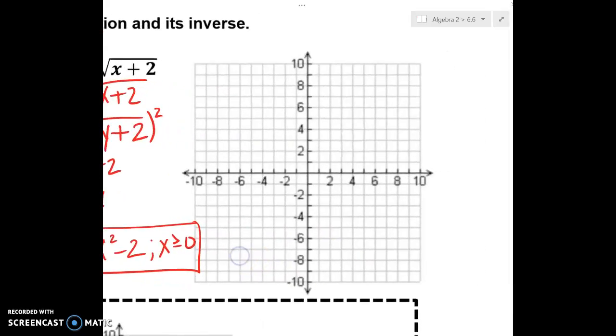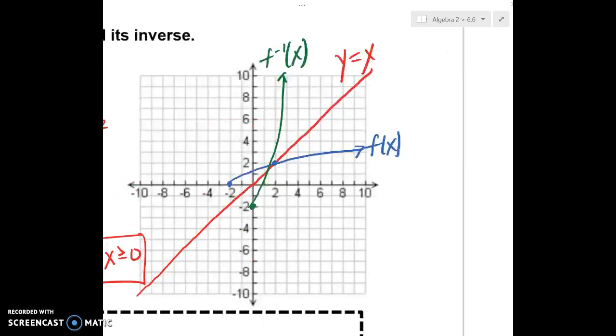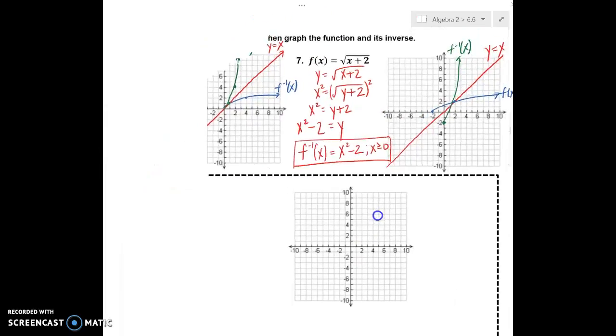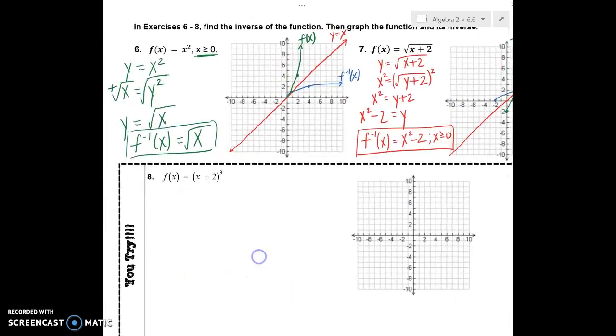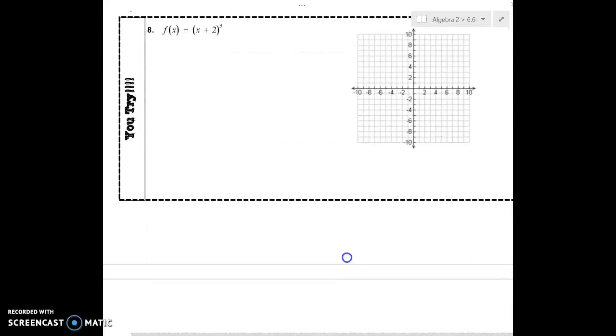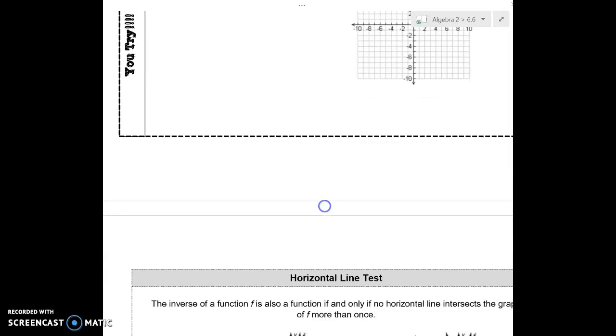Okay, so now let's go ahead and graph. And here is our function and our inverse and our line of symmetry, right? Okay, so I want you to go ahead and try number 8 on your own. So do the same thing we did above. Make sure to restrict the domain if you need to.